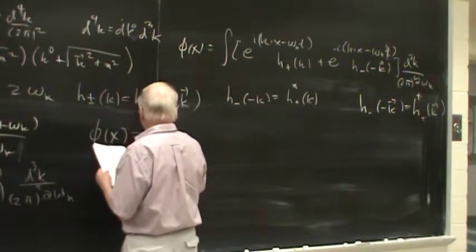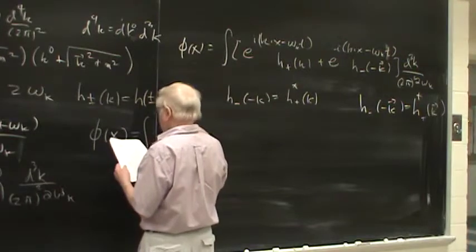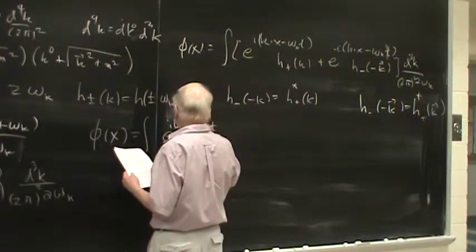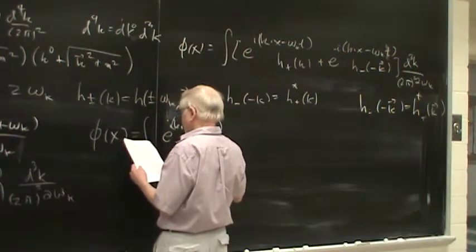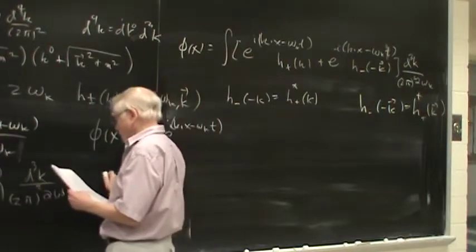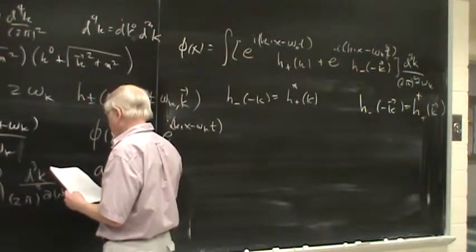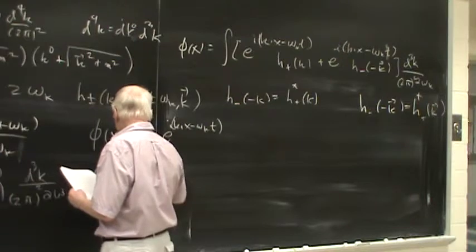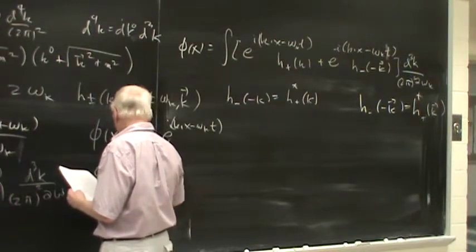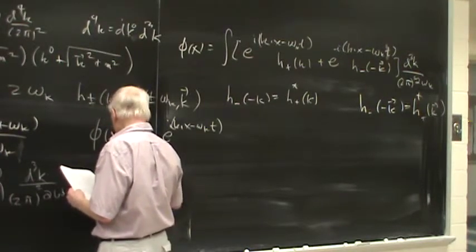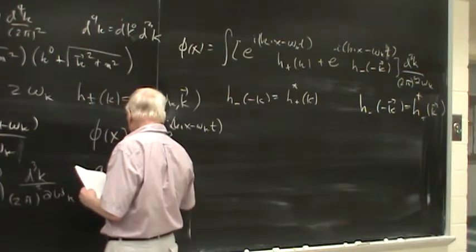Phi of x integral e to the I k dot x minus omega kt. Now I'm just going to introduce a notation. A of k is going to be h plus of k. Remember that was arbitrary. Over the square root of 4 pi omega k.